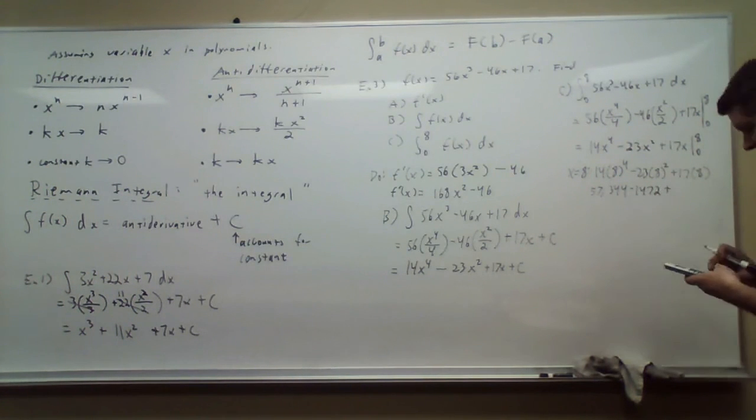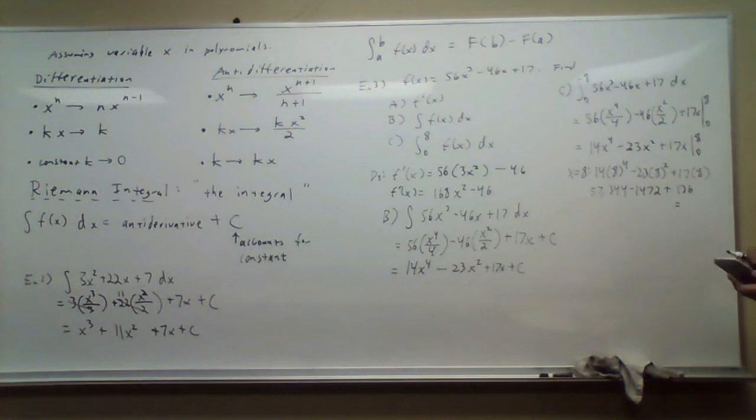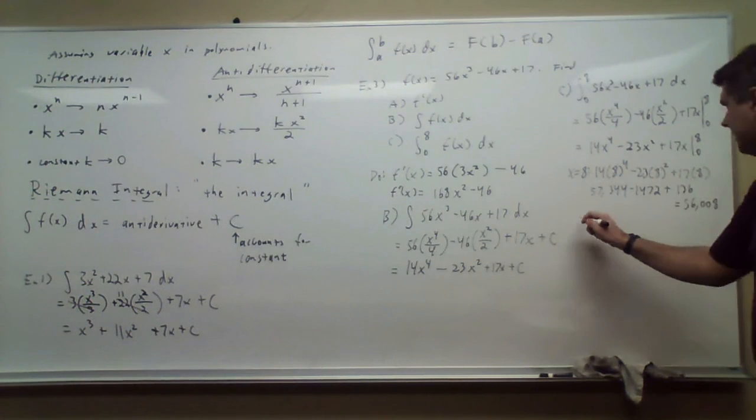And then 17 times 8 is 136. So 57,344 minus 1472 plus 136 gives me 56,008.